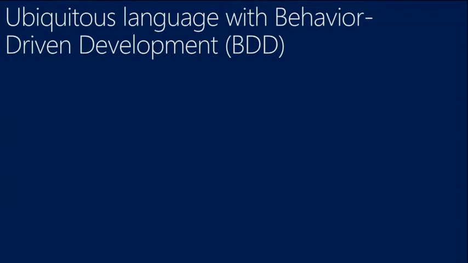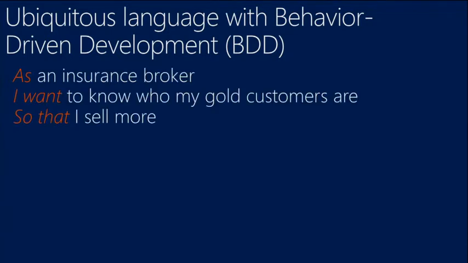So the idea is the following. We are using the old XP style of describing user stories, and it goes like this. As someone, I need to know who this is important to, as an insurance broker in this case. And the insurance broker has something he or she wants to accomplish.